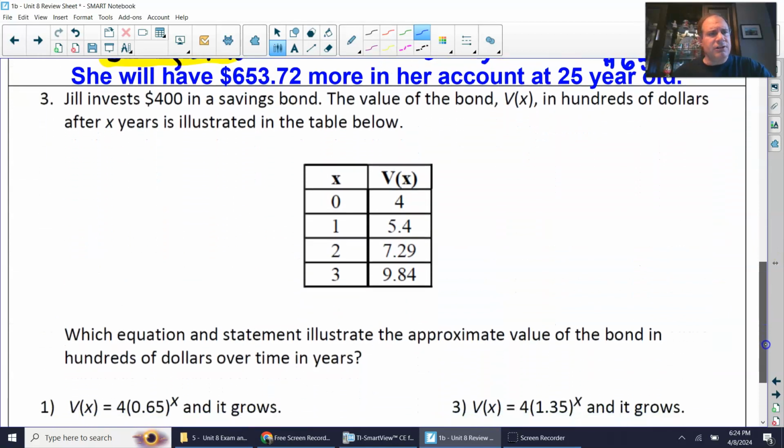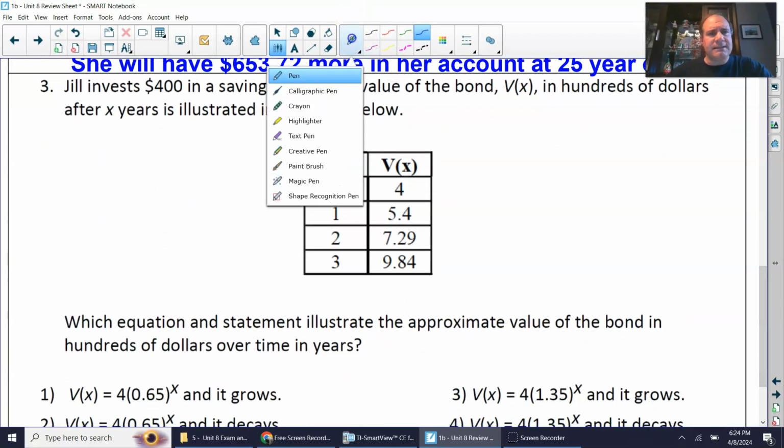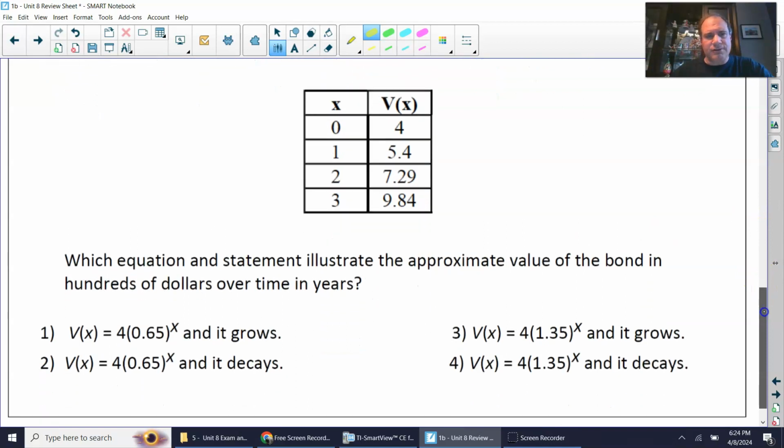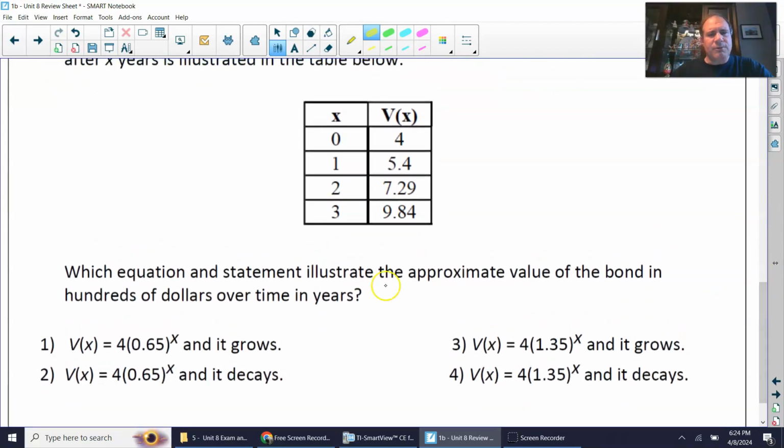Number 3, Jill invests $400 in a savings bond. The value in hundreds of dollars after X years is illustrated in this table below. Which equation will illustrate the approximate value of a bond in hundreds of dollars over time in years?